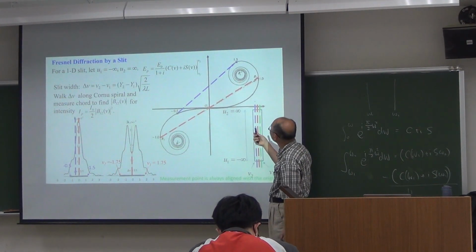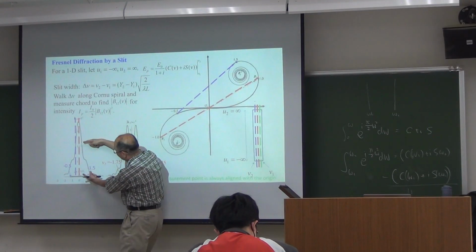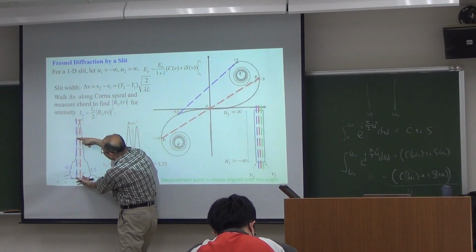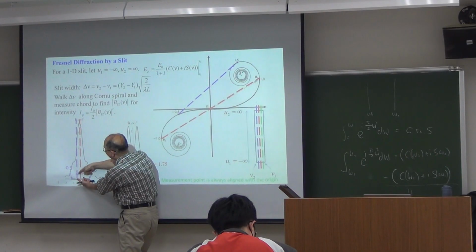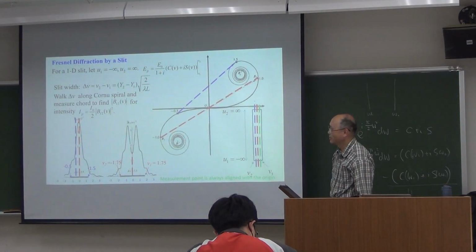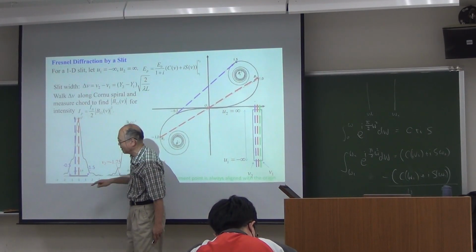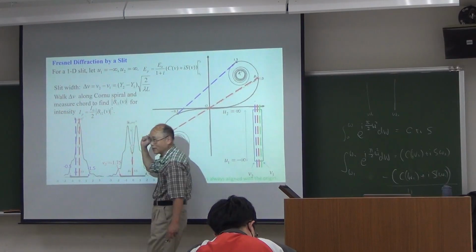The length from here to here is going to be the intensity at this location. So you construct this intensity one by one, and you get this kind of result.